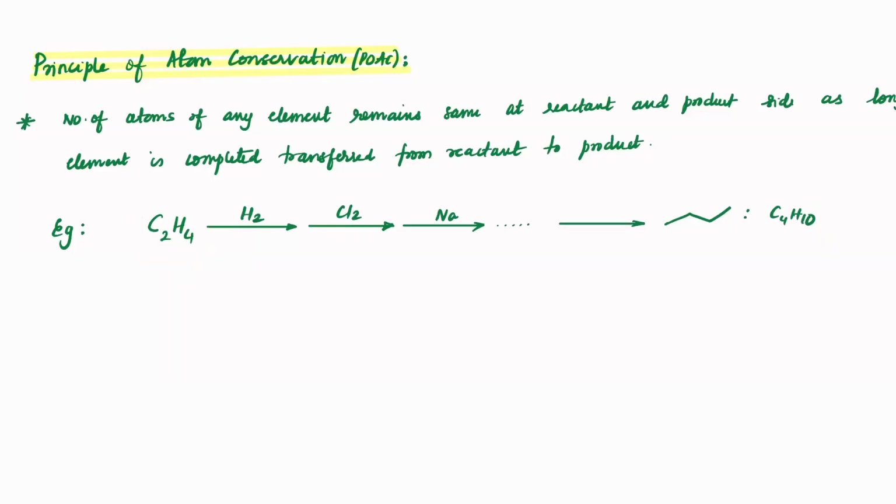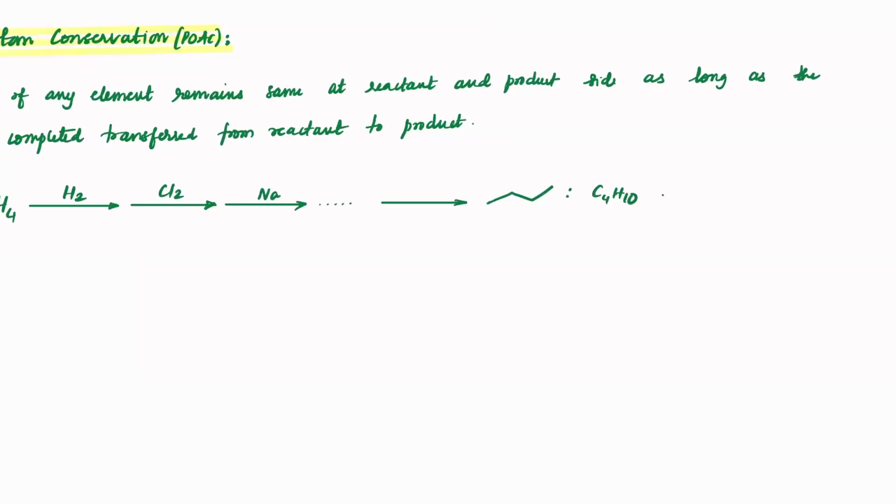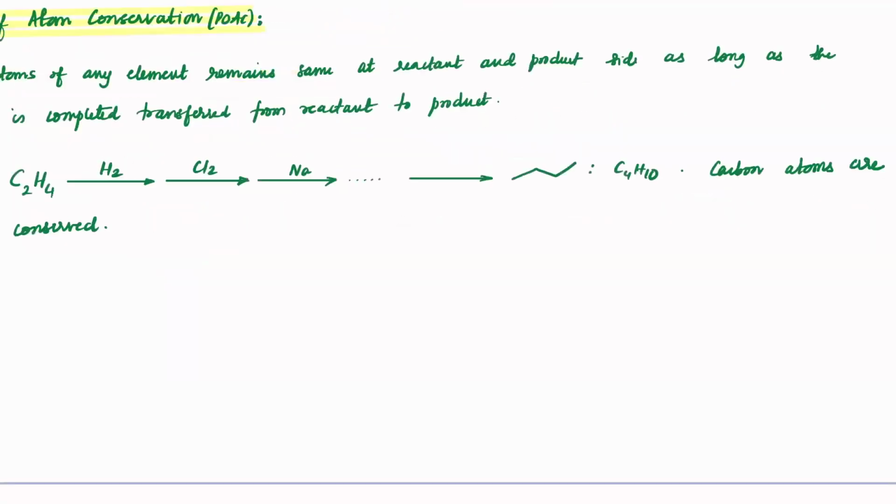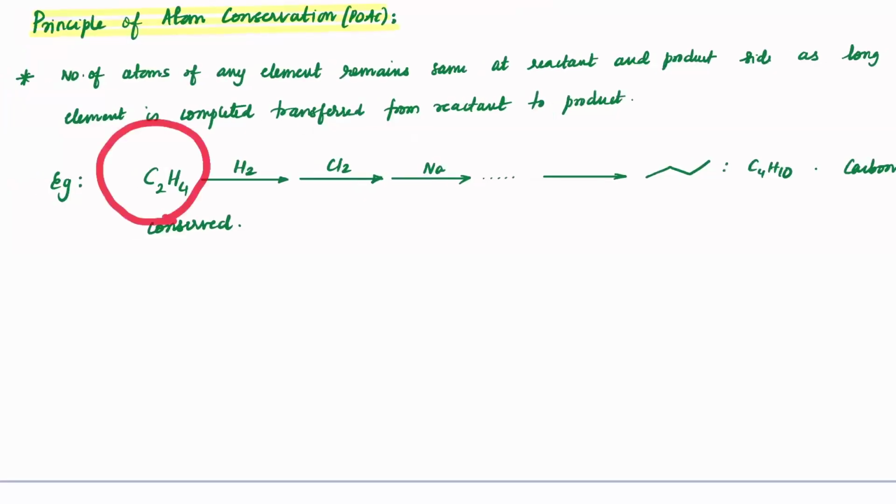But one assumption I'm taking here is that the carbon atoms are conserved. Carbon atoms are conserved, which means whatever the number of carbons present on the reactant will eventually appear on the product.